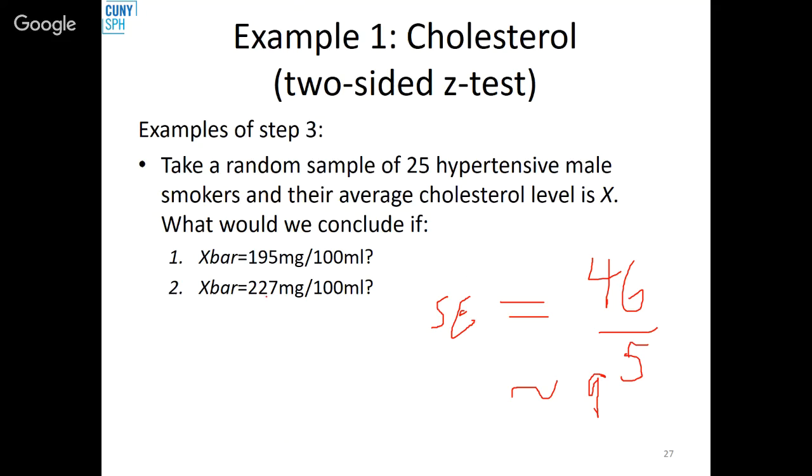In this second one, it's 227 minus 211, that's 16 divided by 9. I think it's the same thing. It's still not quite big enough to reject the null. Yep. Sorry for all the questions. That's okay.